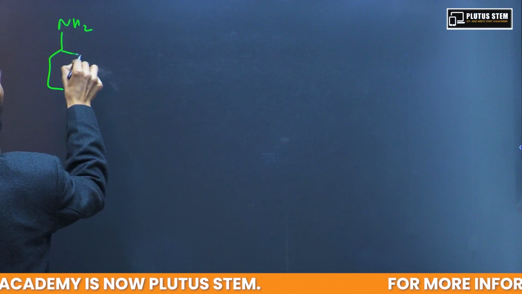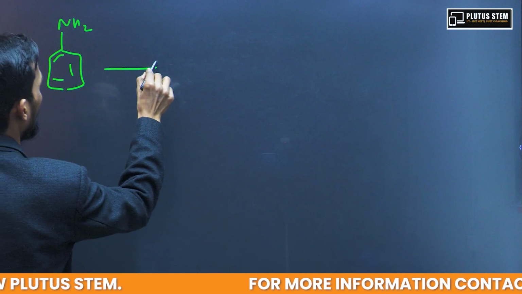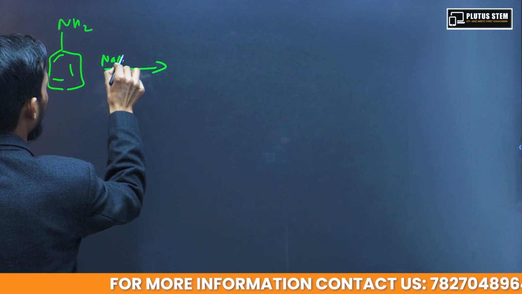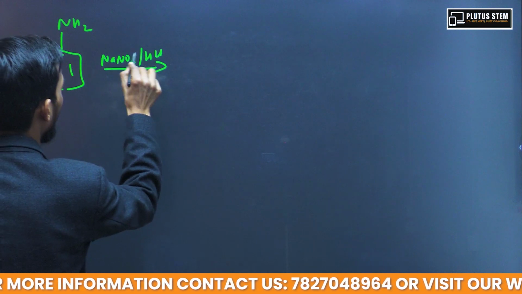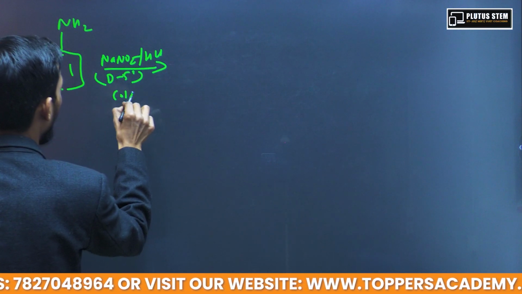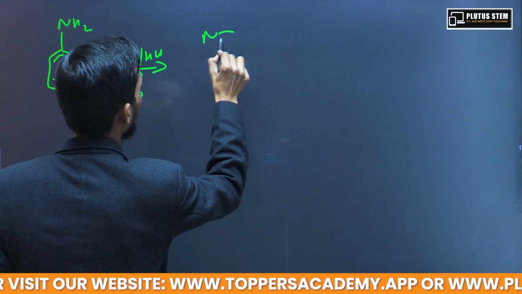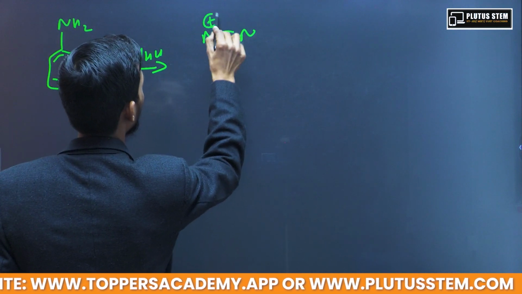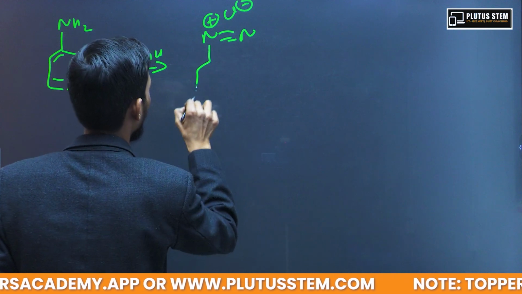NH2, NaNO2, HCl, 0 to 5 degree C, or you can say cold, we are getting N triple bond N positive, Cl negative.